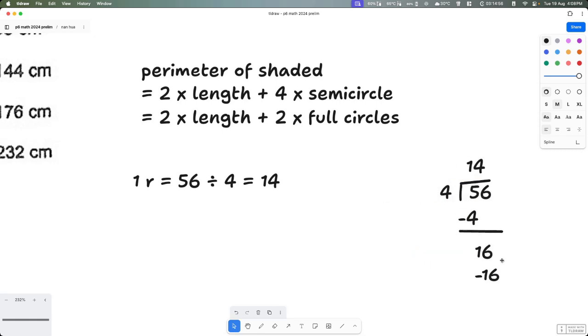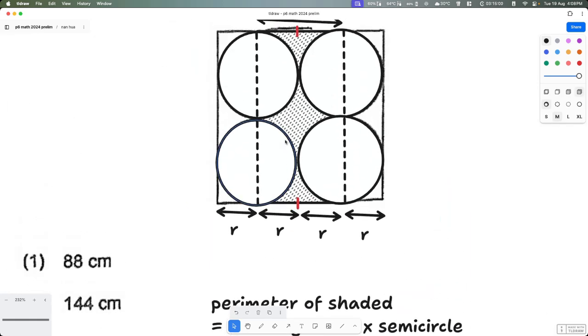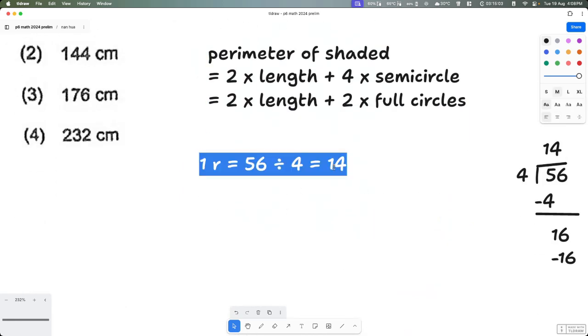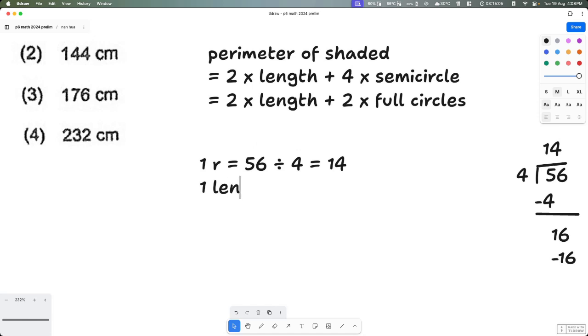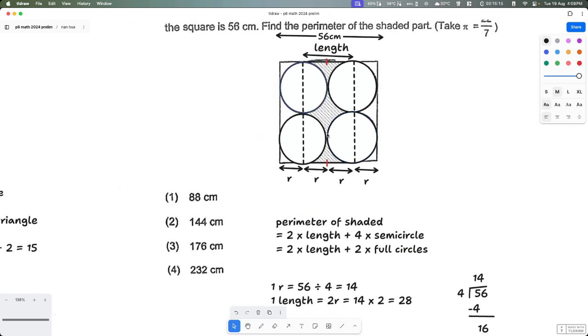So now we know that 1 r is 14. That means one length is equal to 2 r, which is equal to 14 times 2, which is 28. You see the length over here is basically 2 times the radius. If I draw over here, this is a radius r and another r over here.